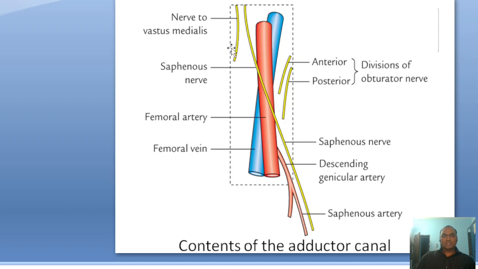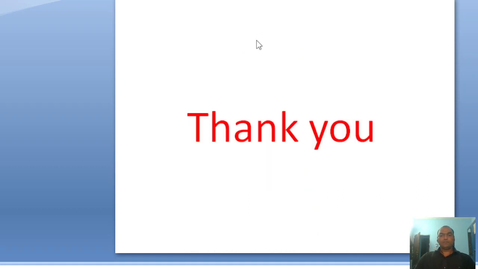This is the descending genicular artery, a branch of the femoral artery. The saphenous nerve is a branch of the femoral nerve and crosses the femoral vessels. This is the femoral artery and this is the femoral vein.